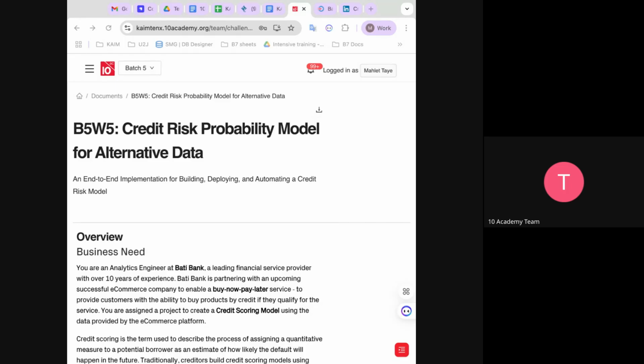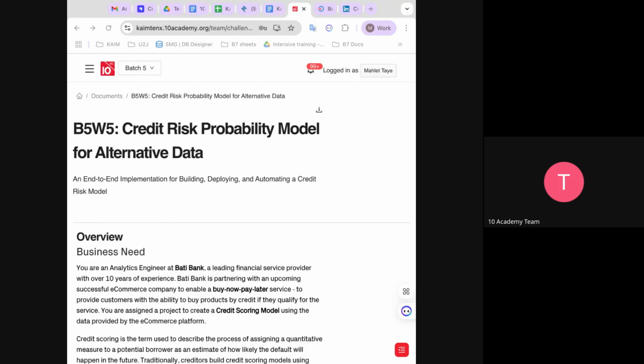So for you as beginners in life, because we are all at an early stage of our lives, we don't have this collateral. How can we borrow money from these institutions? If you don't provide collateral, you may not be eligible to get money.